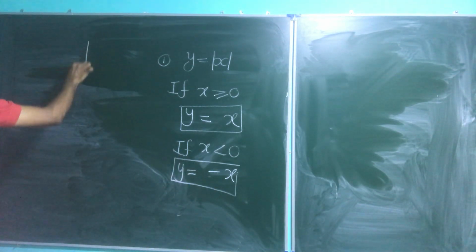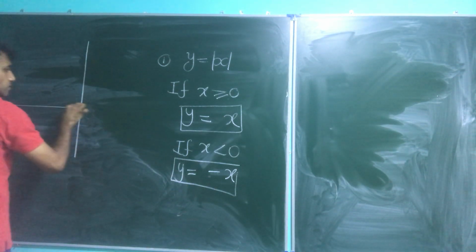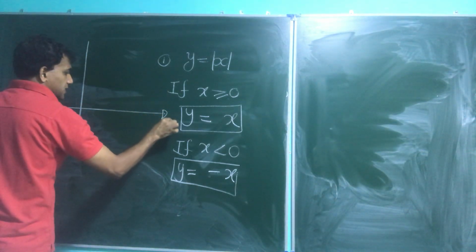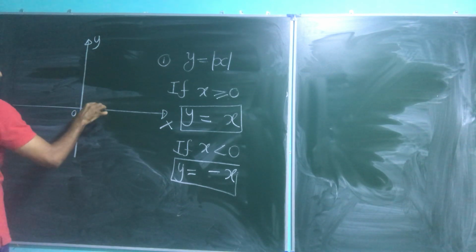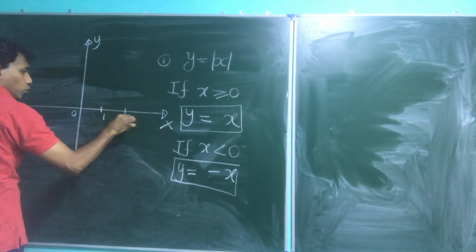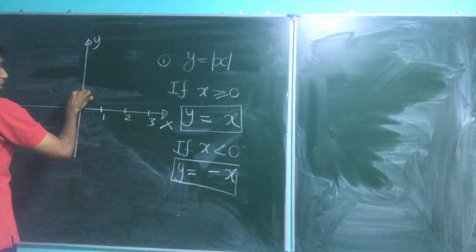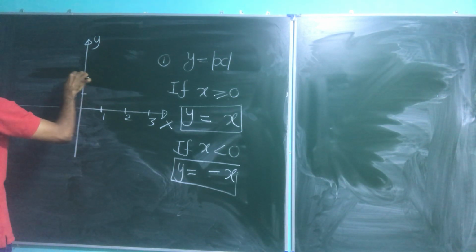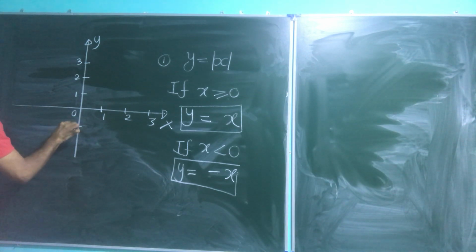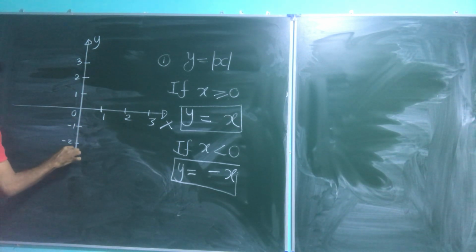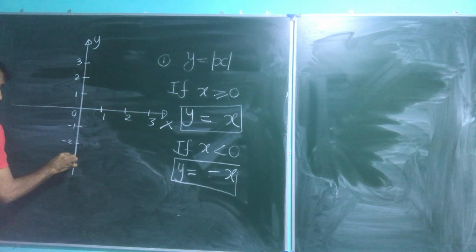Okay, now see the graph. X-axis, y-axis, origin. X is 1, 2, 3. Here say minus 1, here positive 2, above the x-axis 3, here minus 1, minus 2, and minus 3.